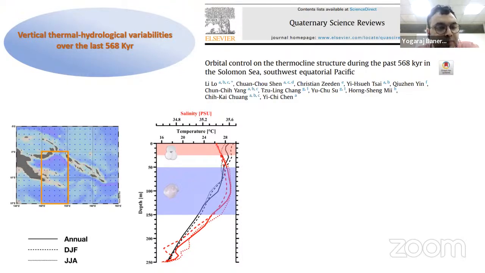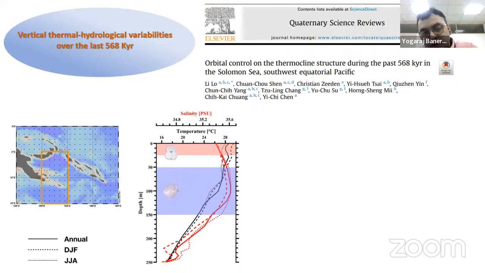The orange color box that you are seeing in this map is the study region, and the figure shows how the salinity and the temperatures are changing vertically in this particular region.